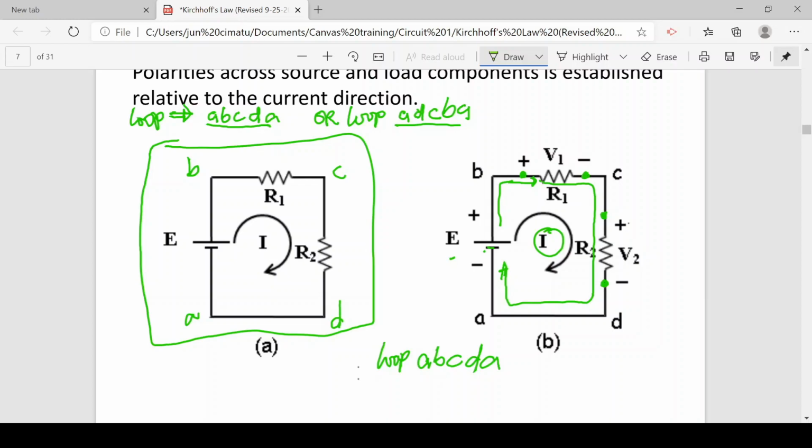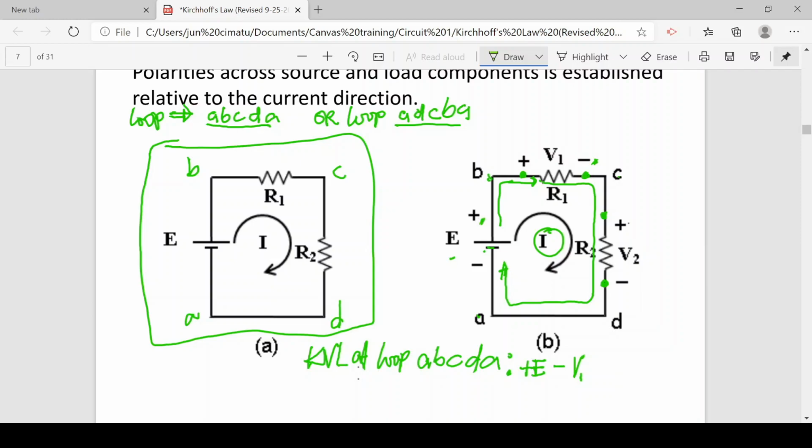Now, let us apply KVL. So apply KVL at loop direction A, B, C, D, A. So A to B, what is the voltage? A to B, the voltage is positive E. And B to C, the voltage is negative V1 because we leave the negative terminal.